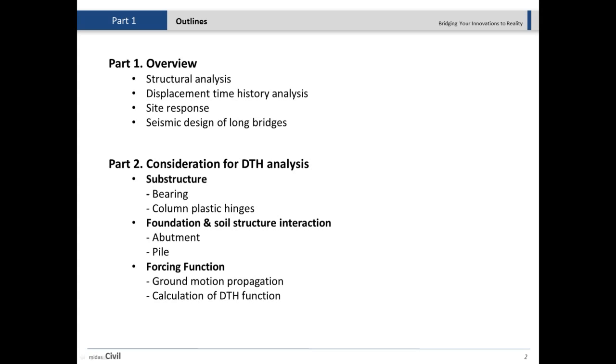So we're going to go through those details and talking about the substructure and also the soil structure interaction option, and also how to generate the forcing functions for such analysis.